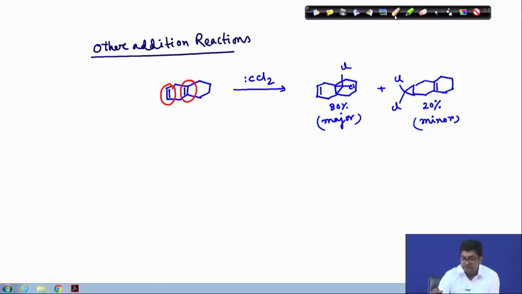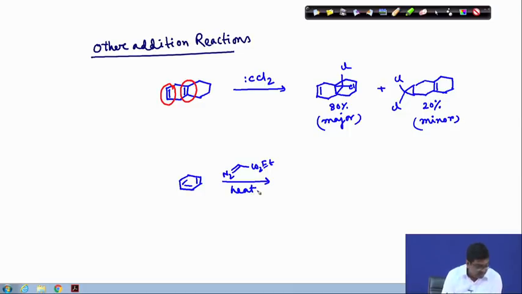Similarly, if we take only benzene, what will happen with only benzene? Then we will take the diazo ester as the carbene precursor.